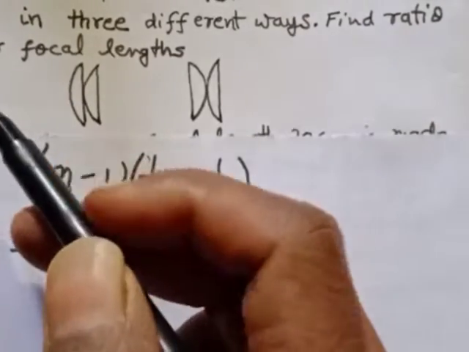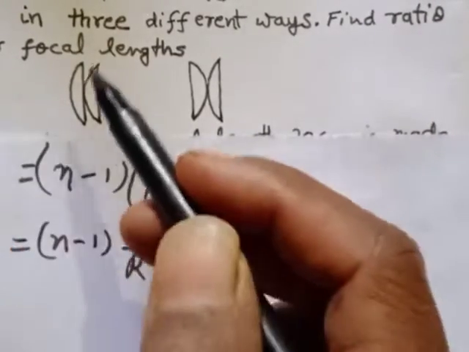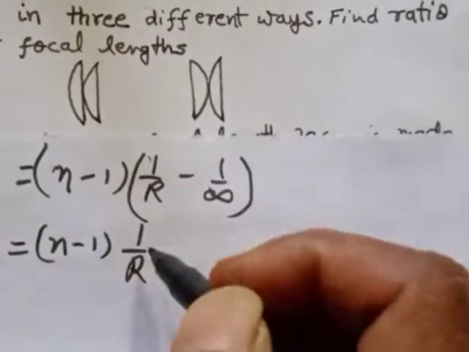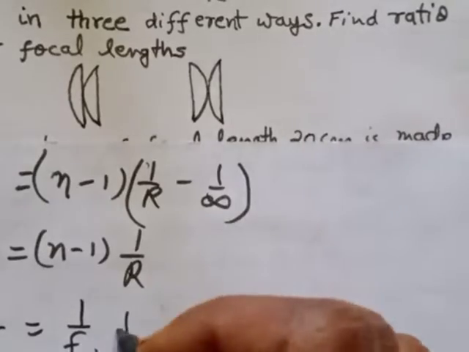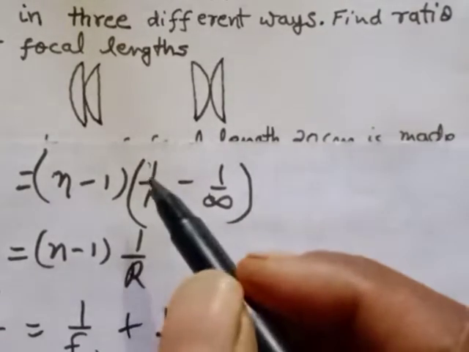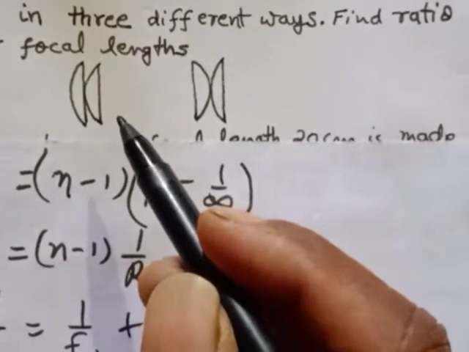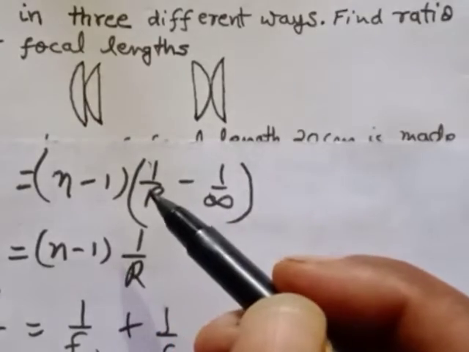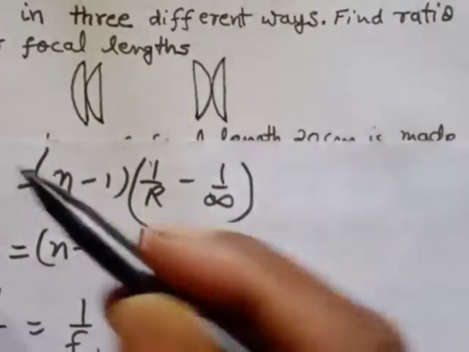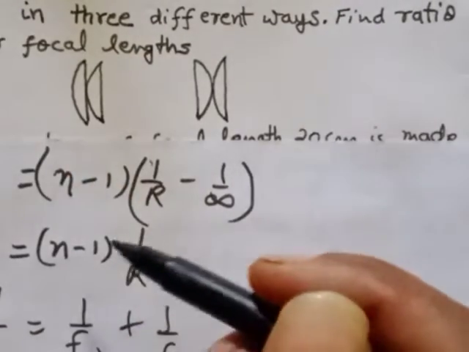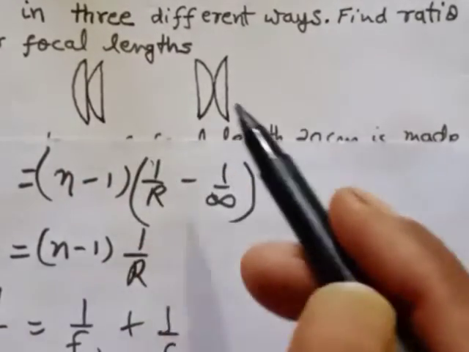And now if we join two lenses, then we know the formula 1 upon f for the combination equals 1 upon f1 plus 1 upon f2, which is irrespective of the way by which they are joined together. So in each case, the focal length will be the same. Here it will be this thing plus this thing, here also, here also.